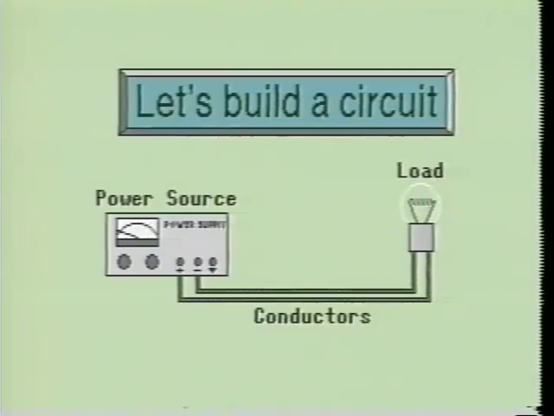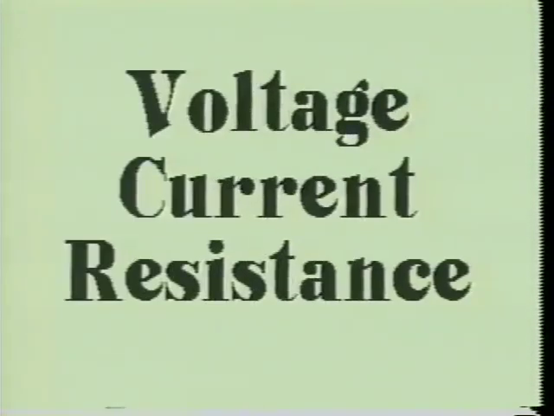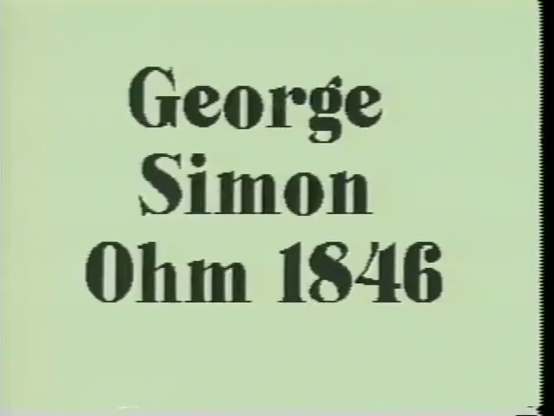Now that we've seen what it takes to make a functioning circuit, let's find out what voltage, current, and resistance are and see how they relate to one another. A mathematical relationship between voltage, current, and resistance was found to exist by George Simon Ohm in 1846.